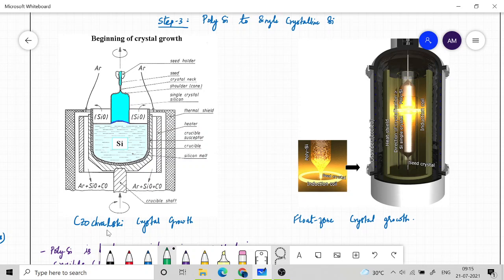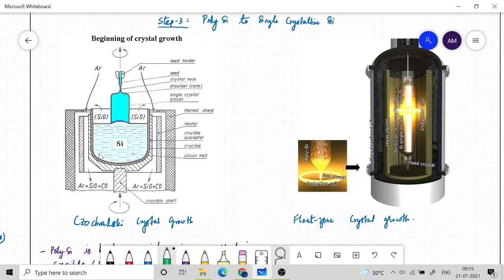I think he is from Poland, and this is the setup for the Czochralski crystal growth method. We take that polysilicon, the big rods that we got, and fragment it into small pieces.